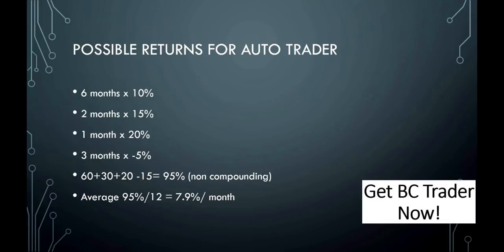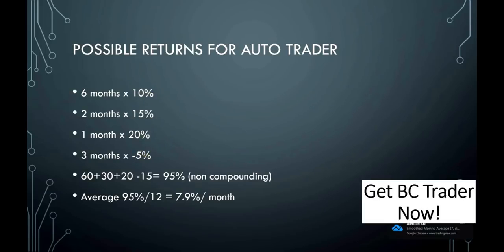Now, having said that, just because it hasn't lost money doesn't mean that it will continue to always be in profit. So I'm going to just throw it a curveball every 3 months and say, these 3 months, you actually lost 5%. Okay, so basically, instead of positive 10, it went negative 5.